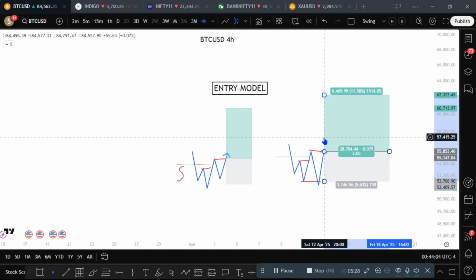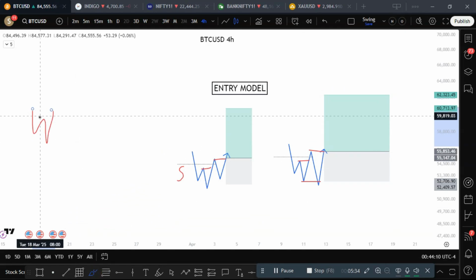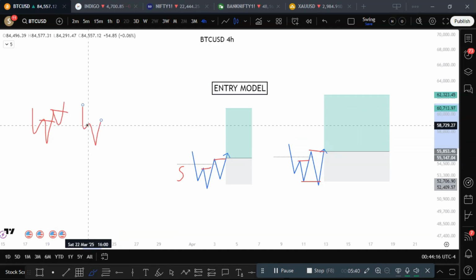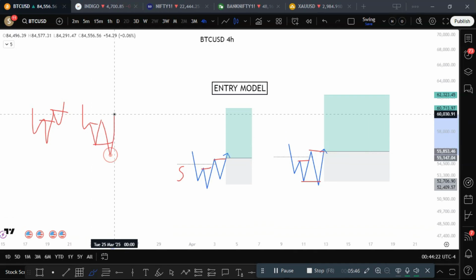That's why we are not going to enter on the first shift, because we don't know what will happen. For example, this is the first shift. Now price can do a double break, or price can completely break the original low, so we don't know. And until price closes above this high, it means it is weak, so we will not enter.